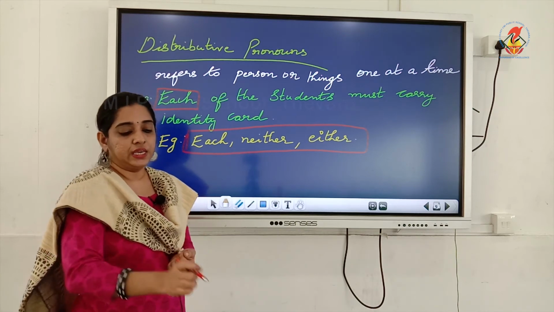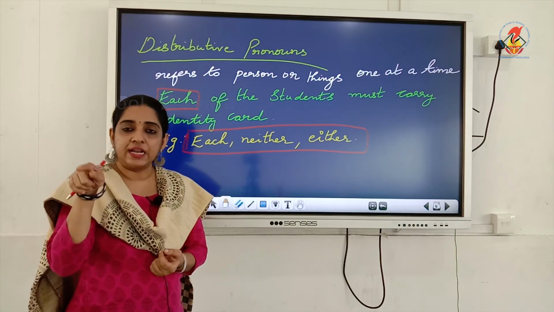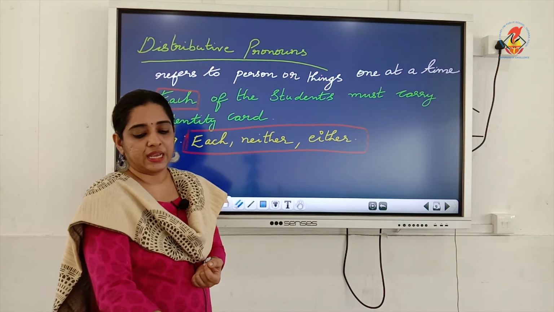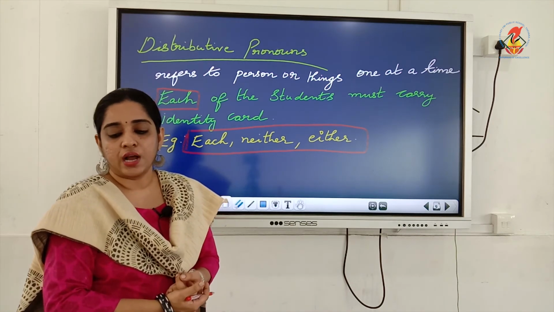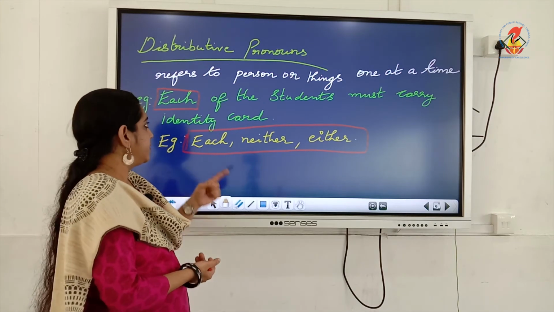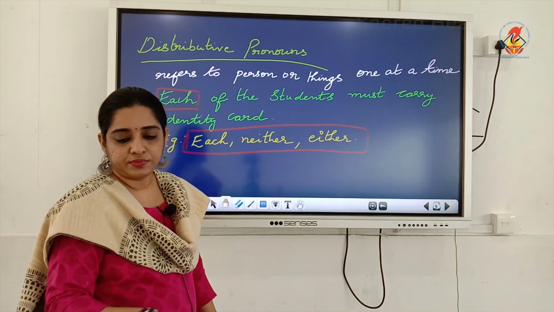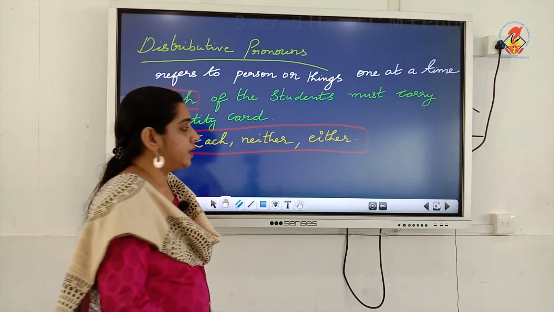So, each is a distributive pronoun which is meant for a single student. Now, some distributive pronouns are each, either and neither. All these are distributive pronouns, each, neither, either. Now, the next one, reciprocal pronouns.